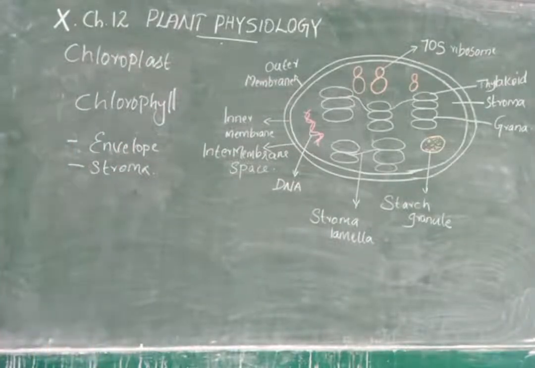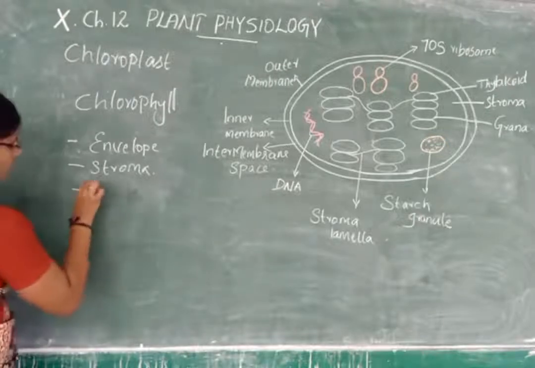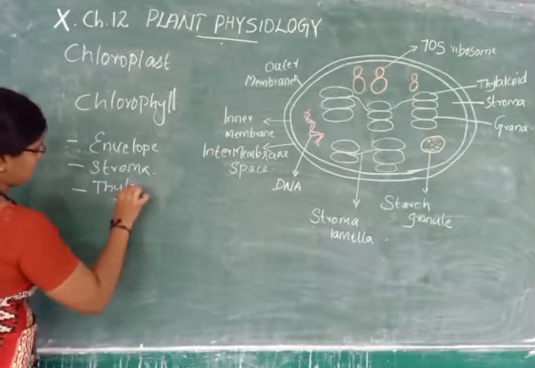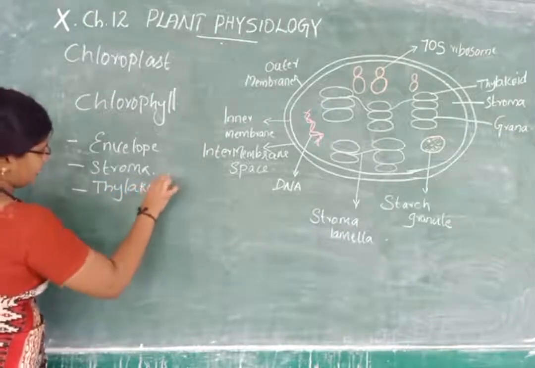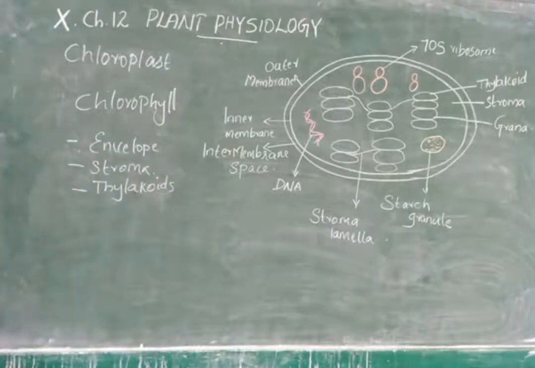Then, next is the thylakoid. What are thylakoids? A thylakoid consists of a thylakoid membrane that encloses the thylakoid lumen.